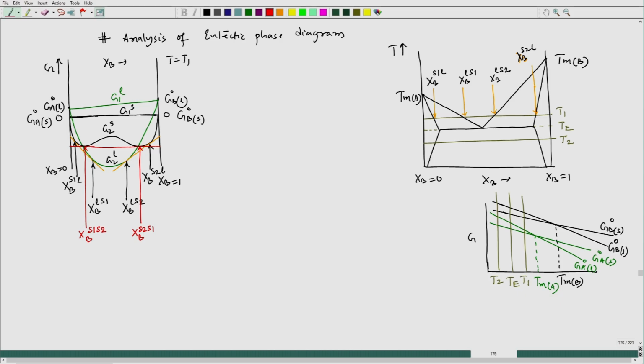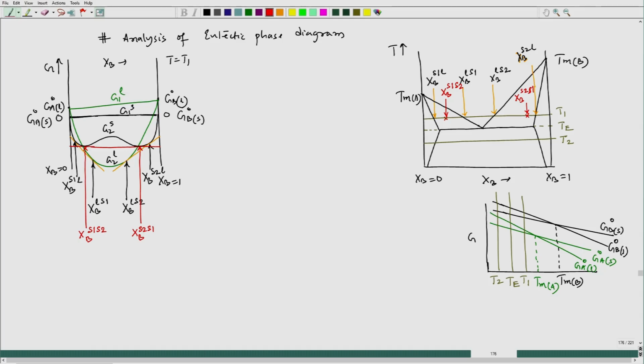So, one point is at this location, another point is at this location, and these two compositions are XB of S1 in equilibrium with S2, and this one is the composition of phase S2 in equilibrium with S1. Okay. Please mark those points, then only it will be clear.